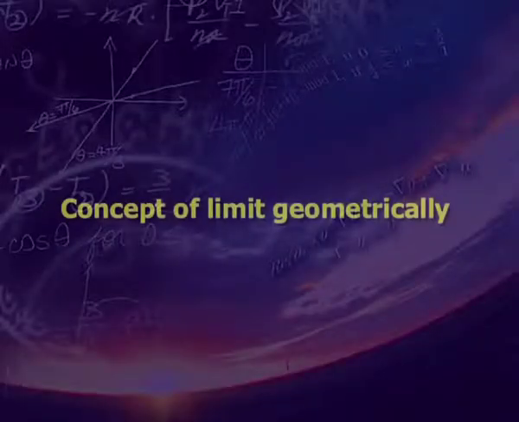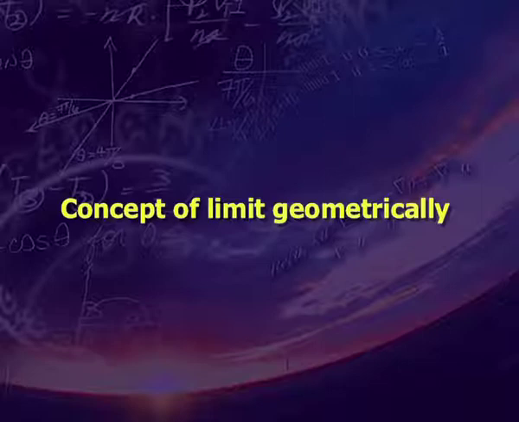3. Limit of a function may or may not exist at a given point. If for a given function f of t its limit exists at t equal to x, then it is unique. Now, let us try to understand the concept of limit geometrically.